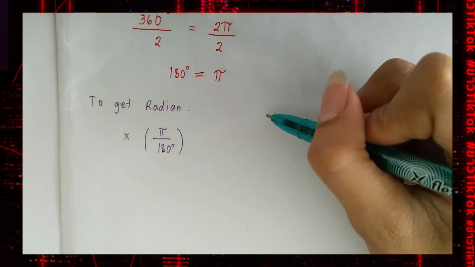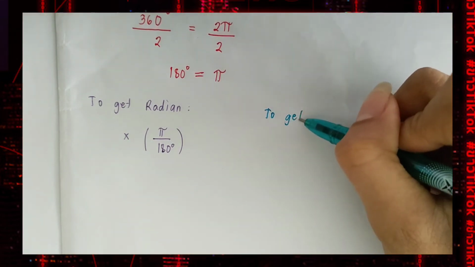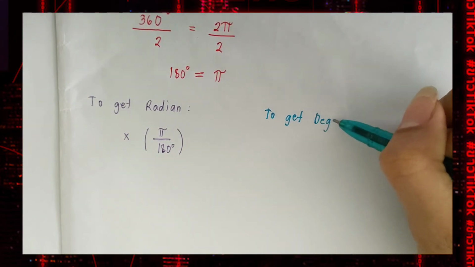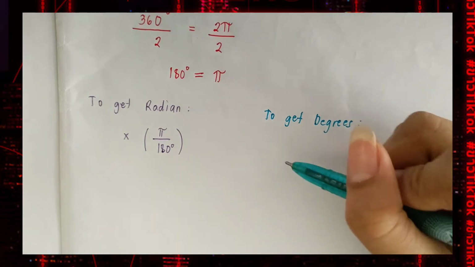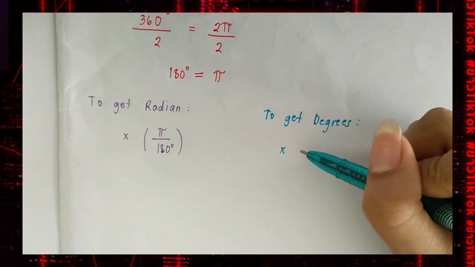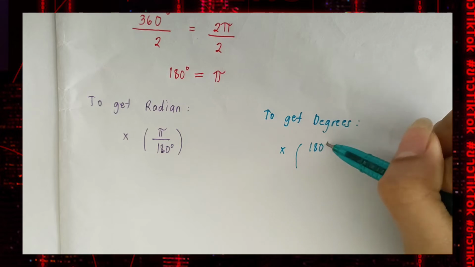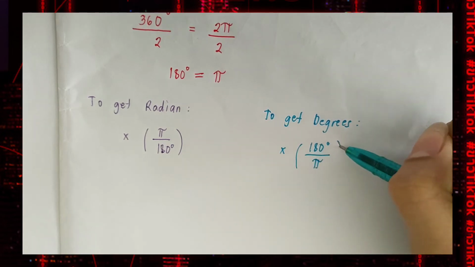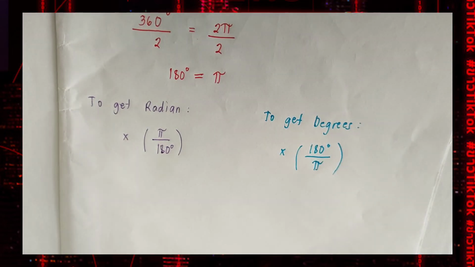And to get degrees, you need to use the formula: multiply by 180 degrees all over pi. You'll be using those in conversion problems.